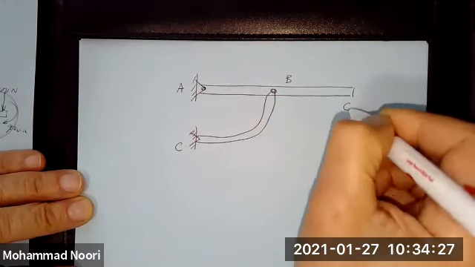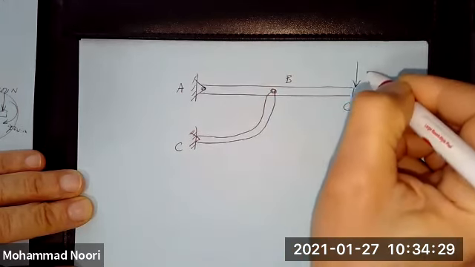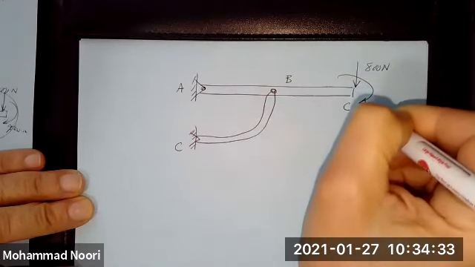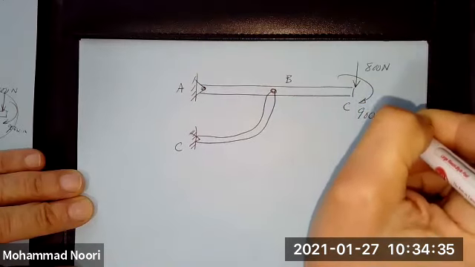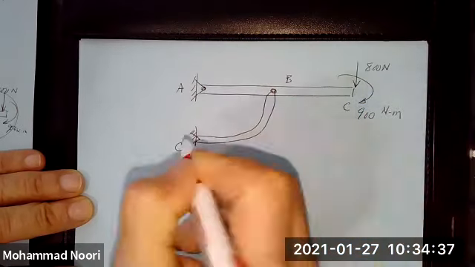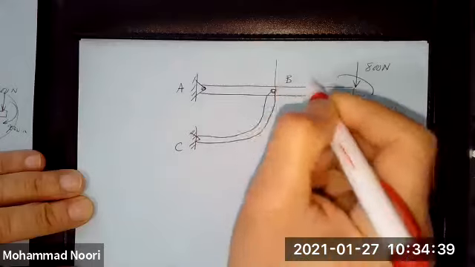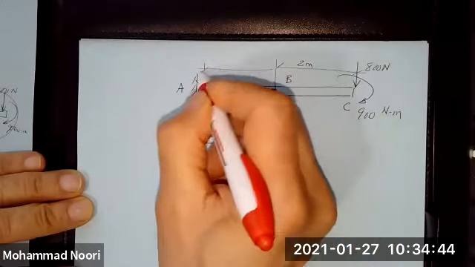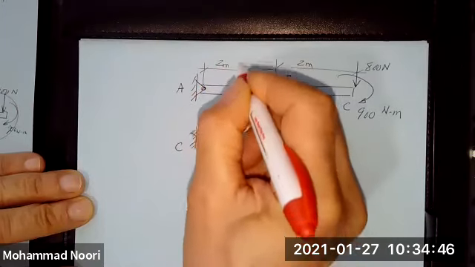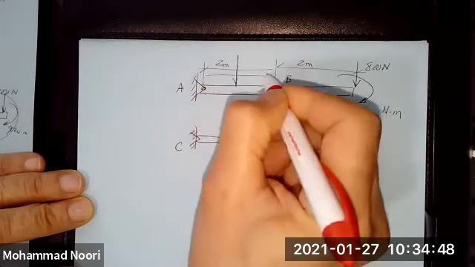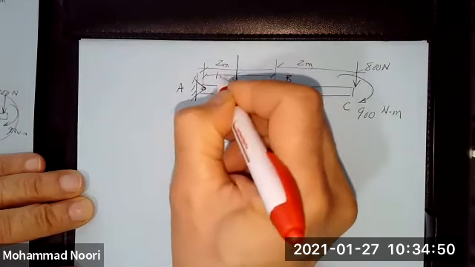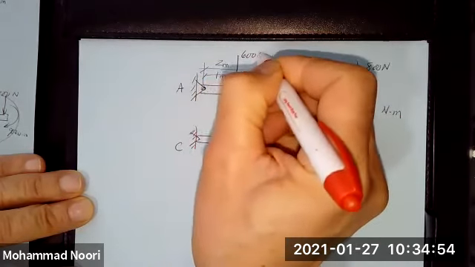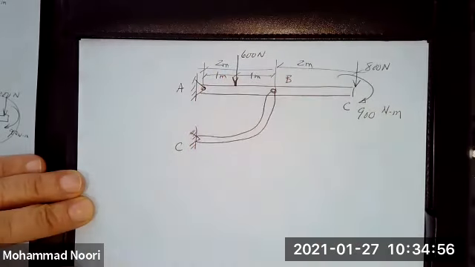You have an applied load of 800 Newton here, an applied moment of 900 Newton meter. This distance is 2 meters. This distance is also 2 meters, but right in the middle, at 1 meter and 1 meter here, you have another load of 600 Newton.